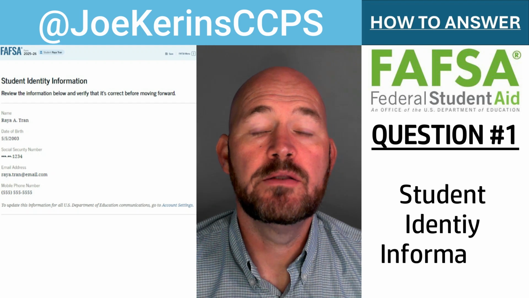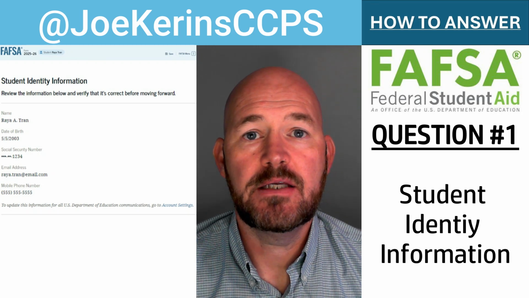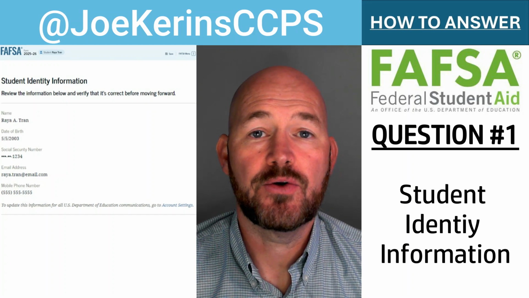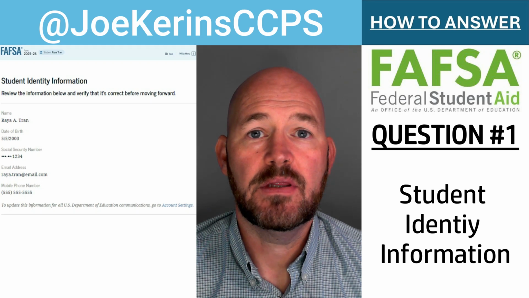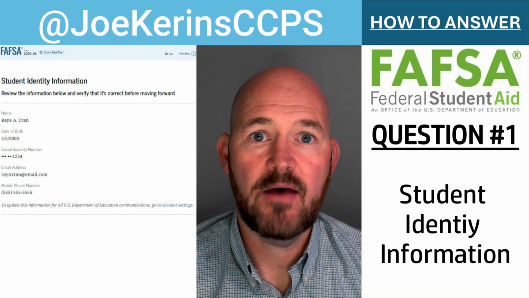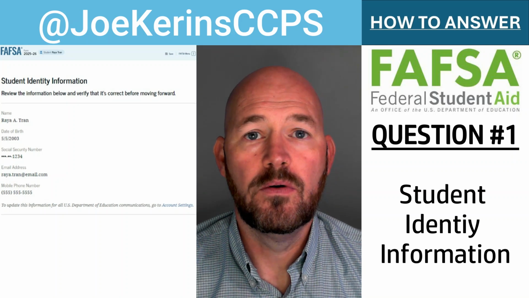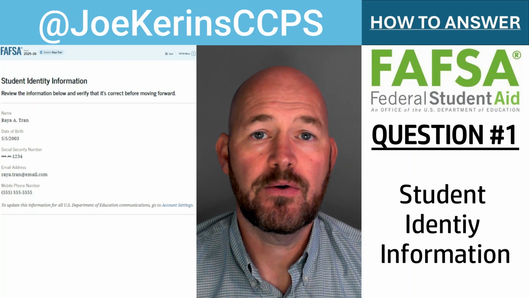So question number 1, student identity information. If you have an FSA ID, this should be pre-filled out, but ensure that this information is correct. So it's your first name, middle name, last name, suffix if you have one, junior, the third. You want to write down this in full and you want it to be exact as it states on your social security card.